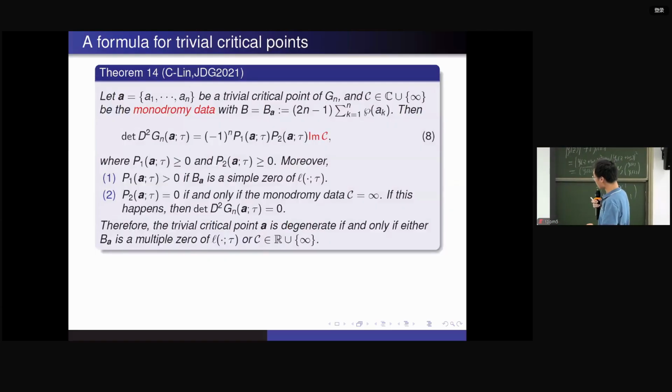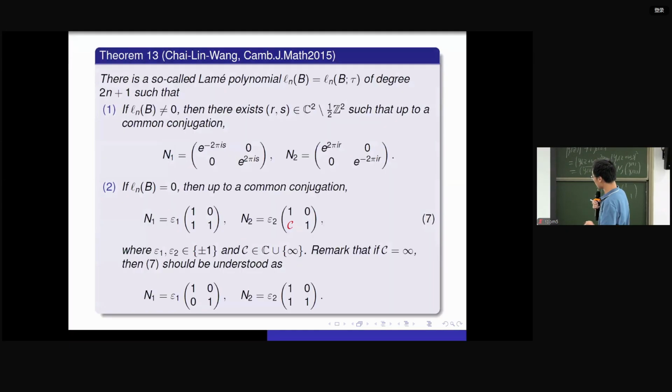So, for example, how to prove the non-degeneracy of a trivial critical point? Let A be a trivial critical point of the multiple Green function. Then using this A_1, ..., A_N, we define B_A.